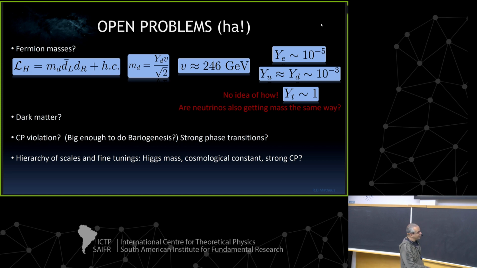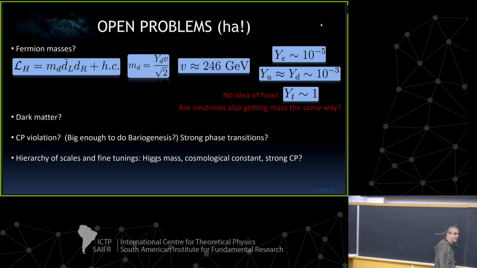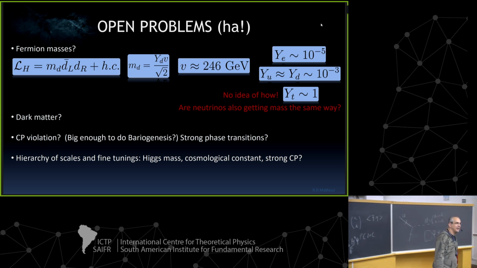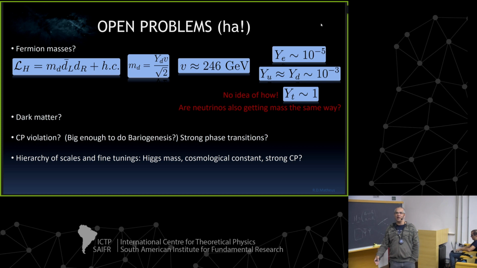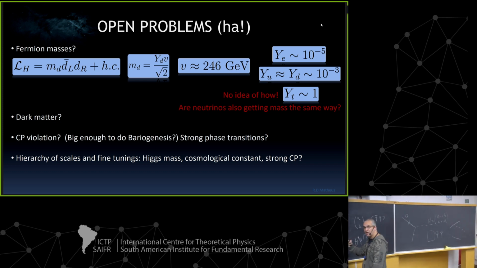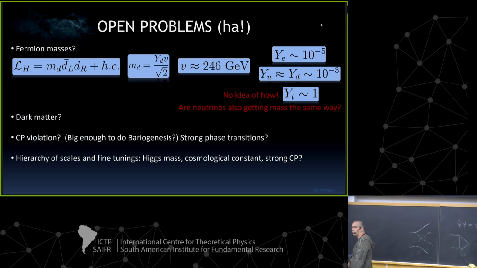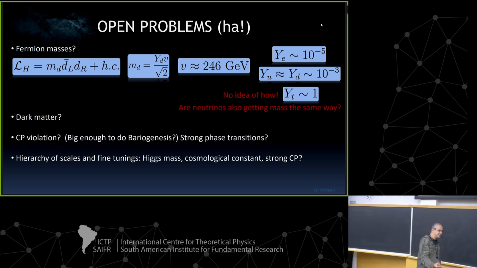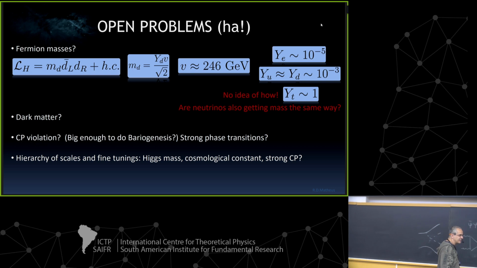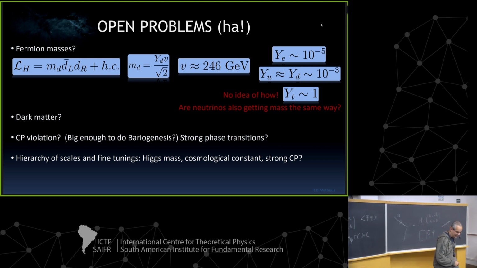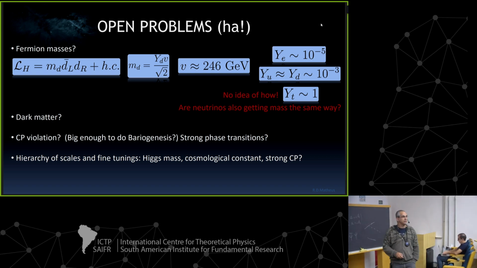This one is also, you could call experimental. We are made of matter. You don't see antimatter anywhere, and we don't understand why there is more matter than antimatter in the universe. So there's this guy, Sakharov, that proposed 3 conditions that you would need to satisfy to generate this asymmetry. It's called baryogenesis, the matter-antimatter asymmetry, and it demands CP violation, strong phase transitions, and some way to violate baryon number.